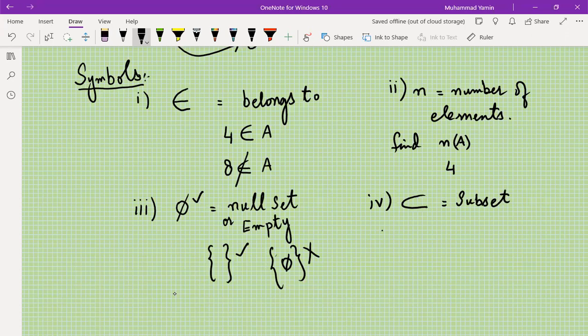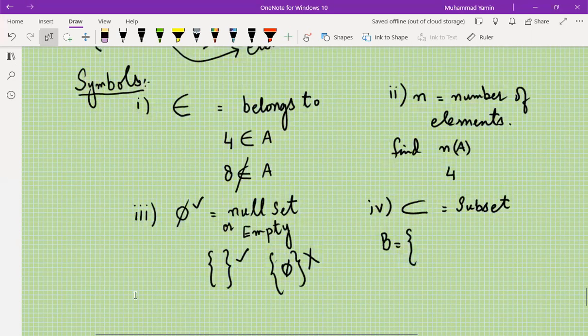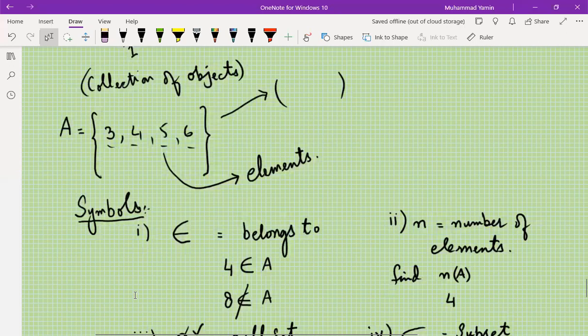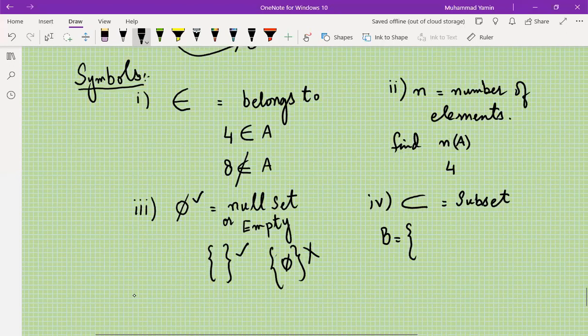Like suppose I write B, and this B contains part of the set A, which is 3, 4, 5, 6. Suppose I'm taking 3 and 6. So 3 and 6 are a part of this A, and it is in B. So we say that this set B is a subset of this set A.